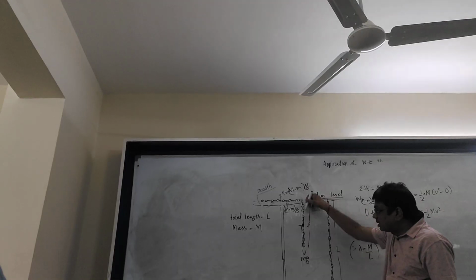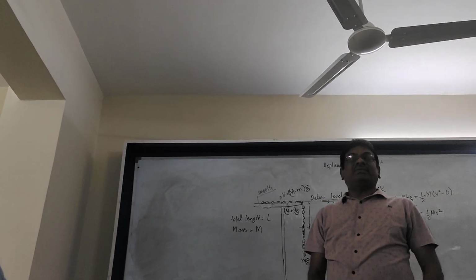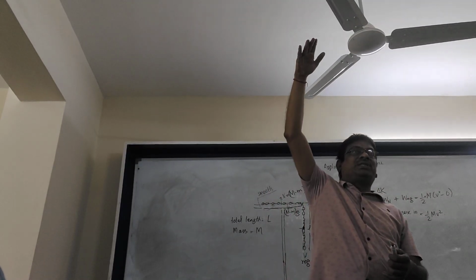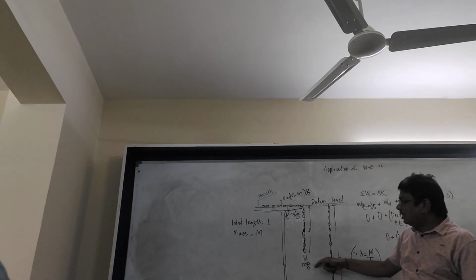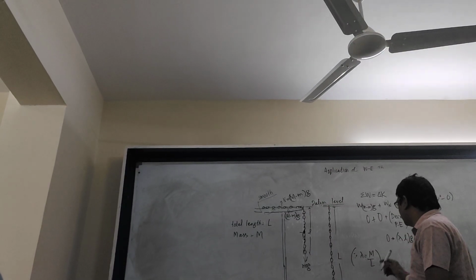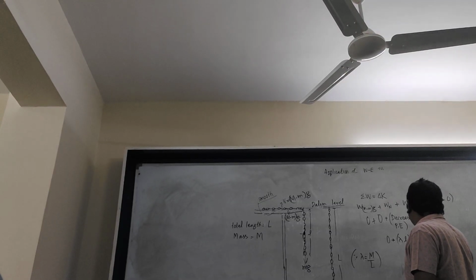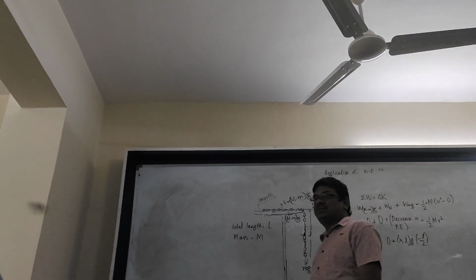Since it is below the datum level, h will be negative. If it is above the datum level, h is positive. Below the datum level, h is negative. So minus small l by 2, so minus l by 2. This is the initial potential energy.